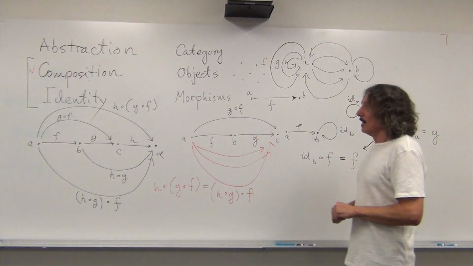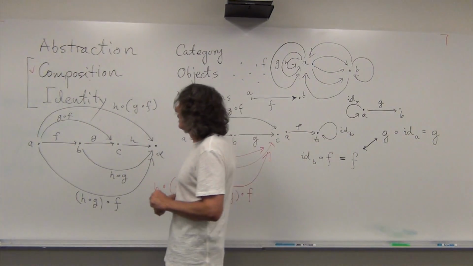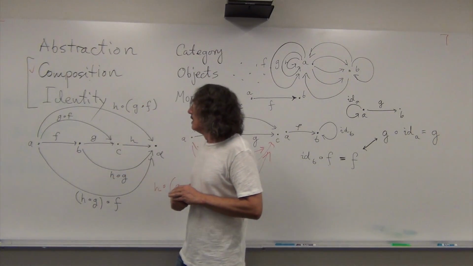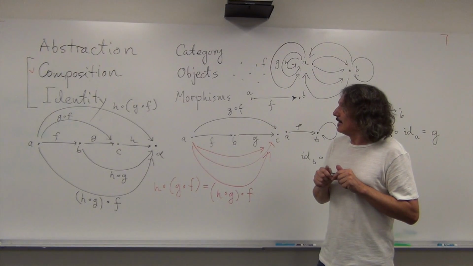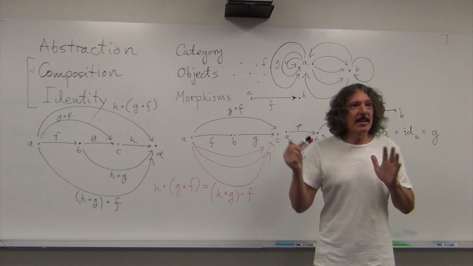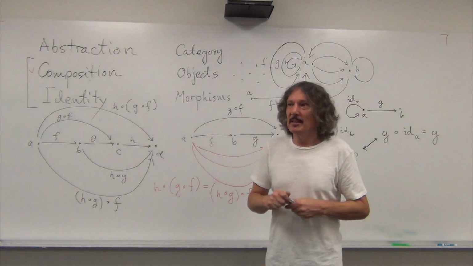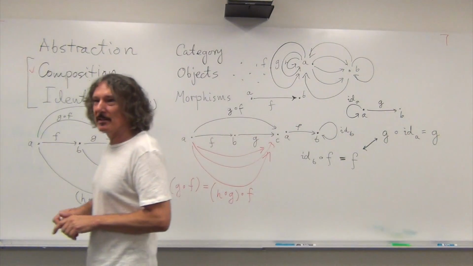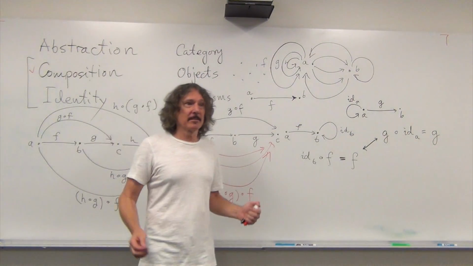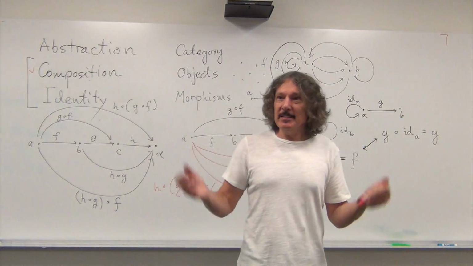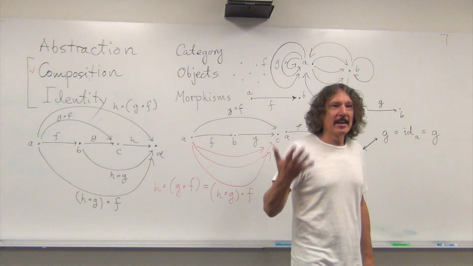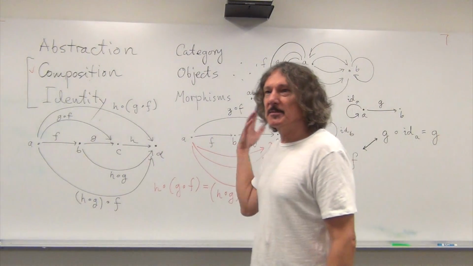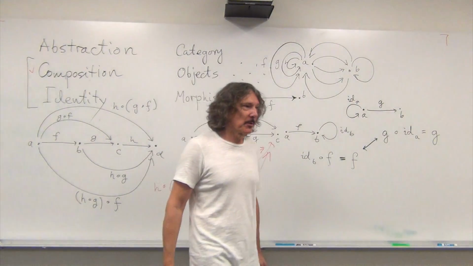Okay, now, notice, so let me give you an example, okay? And this is the example that we'll be studying a lot, because this is an example from programming, right? We have a basic useful category that we use in programming.